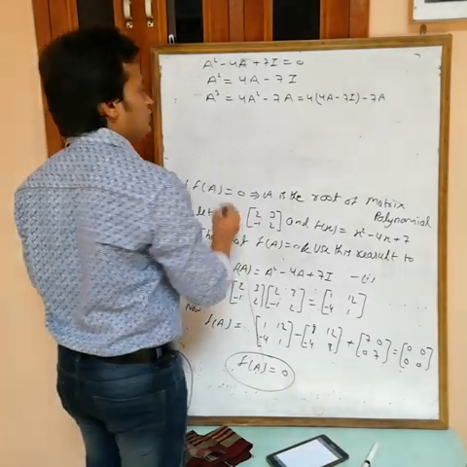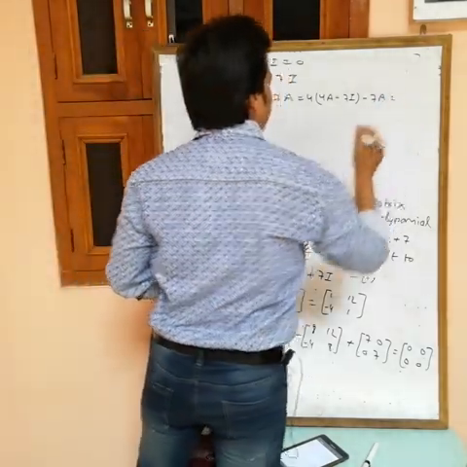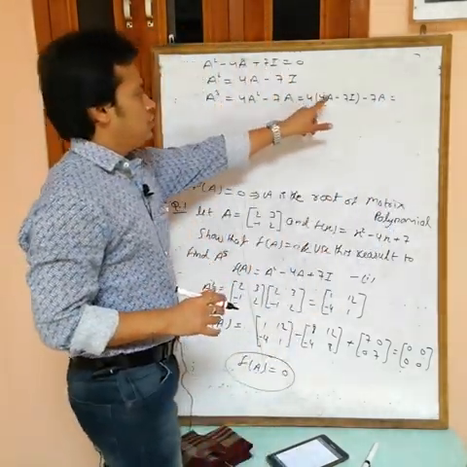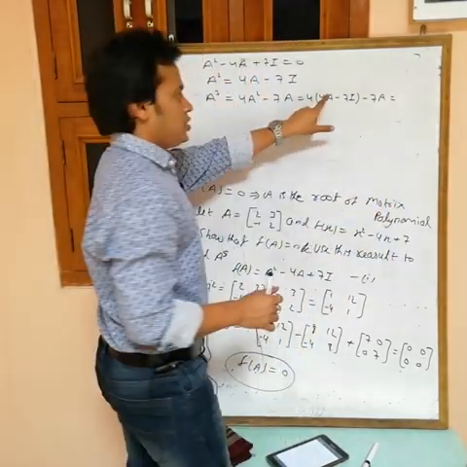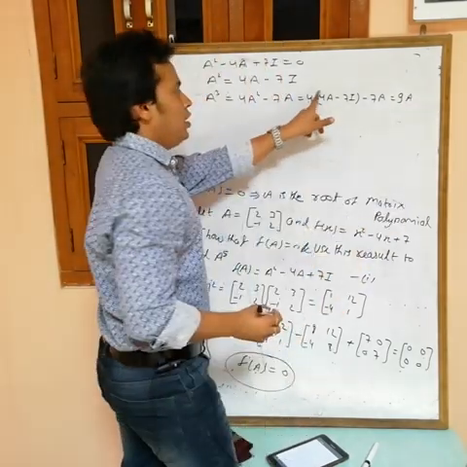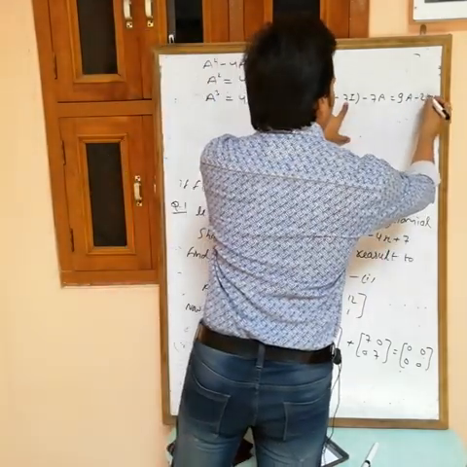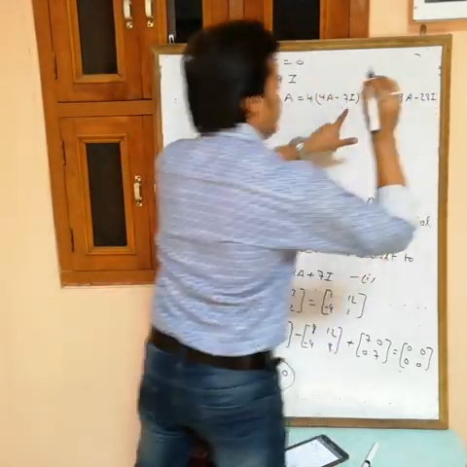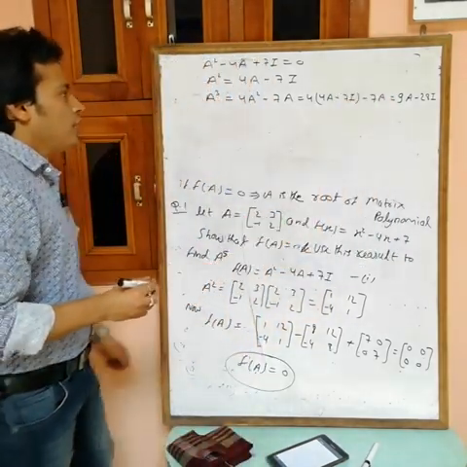A cubed is 16A minus 7A, 9A, and minus 28I. This is the value of A cubed.